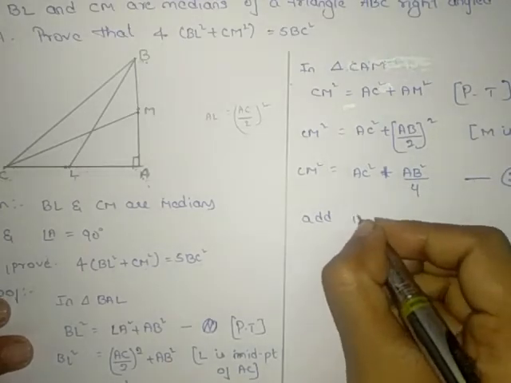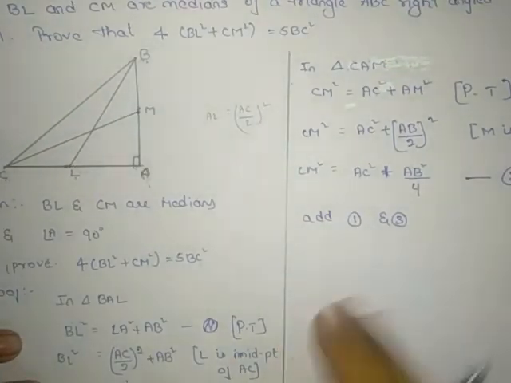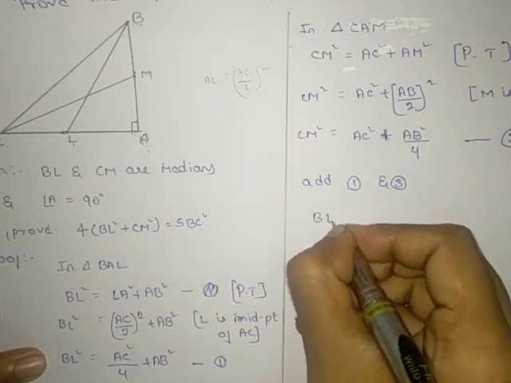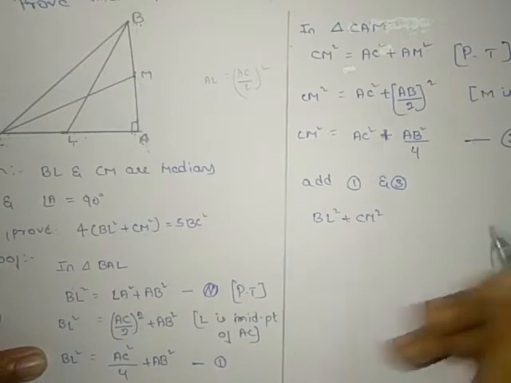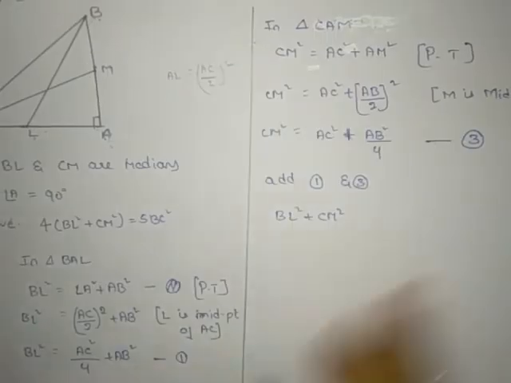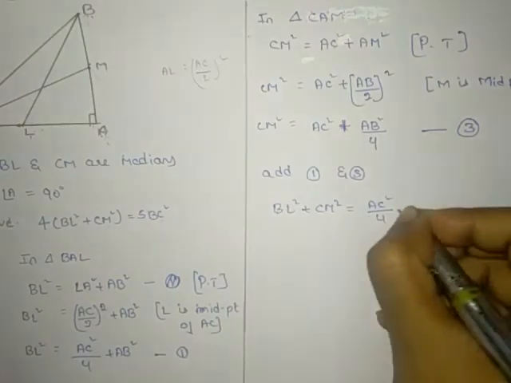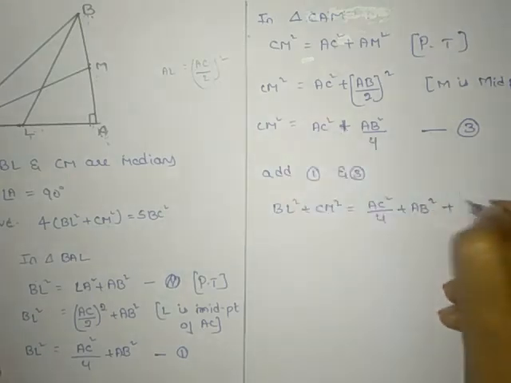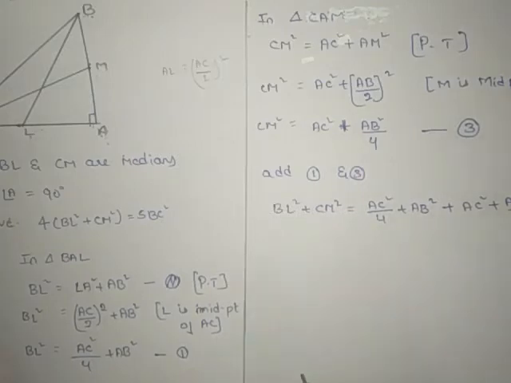Add 1 and 3. Here it is BL square plus CM square is equals to AC square divided by 4 plus AB square plus AC square plus AB square divided by 4. Yes.